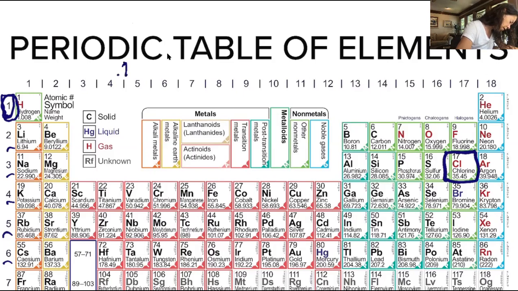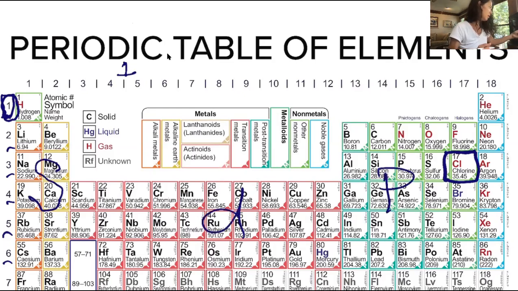I'm gonna write a 1, and that's for first energy level. And remember, I'm in the S. This is P. This is D, and F is down below. I'm not concerned with F. I'm in the first energy level. I'm in an S subshell, and an S subshell can hold 2 electrons.